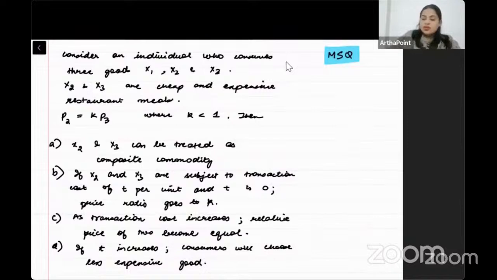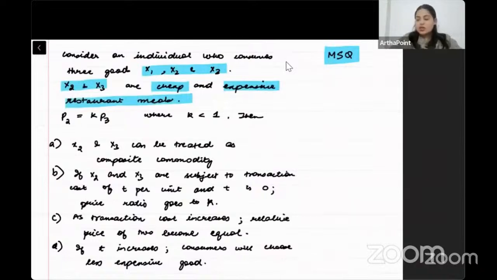Consider an individual who consumes three goods X1, X2, X3. It says X2 and X3 are cheap and expensive restaurant meals. It means it is the same kind of good, just at two different prices. It is the restaurant meal, but one is expensive and one is cheap. It is given that P2 is K times P3, where K is less than 1.